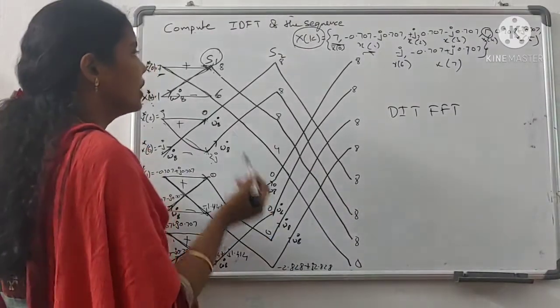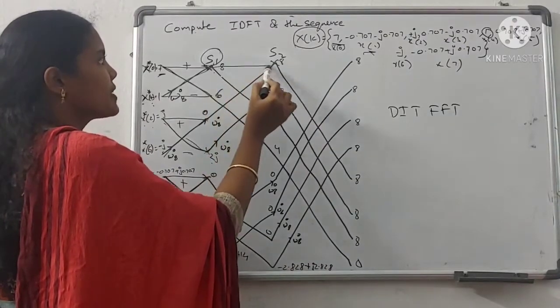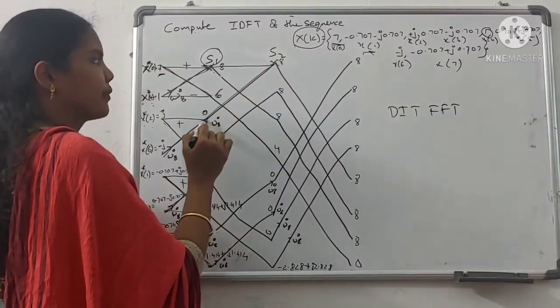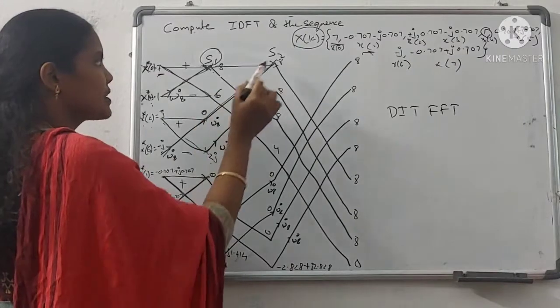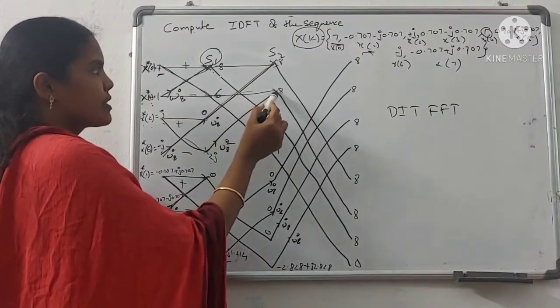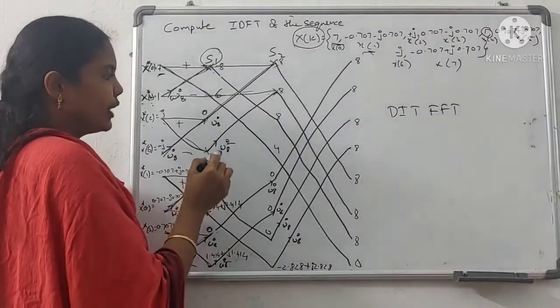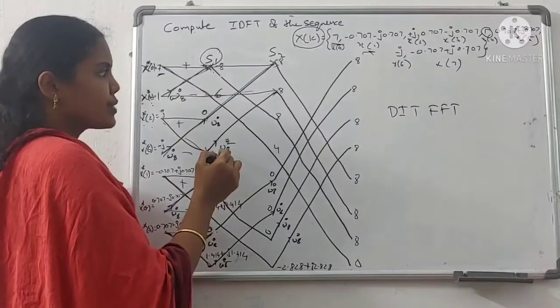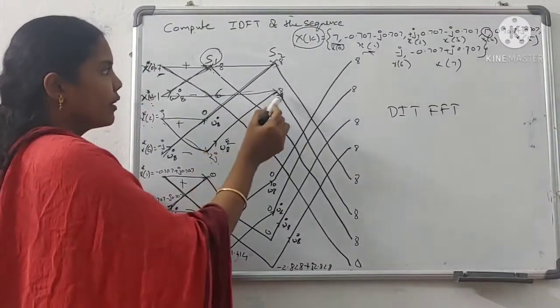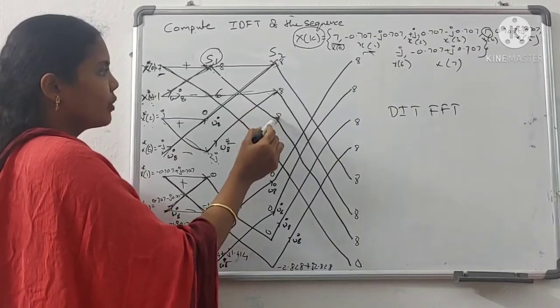Okay. So now at stage 2. At stage 2, one input is 8, other input is 0. 8 plus 0 is 8. Next one is one input is 6 plus 2j into W_8^2. W_8^2 value is what? Minus j. Here you are getting value as 8. Now next one.